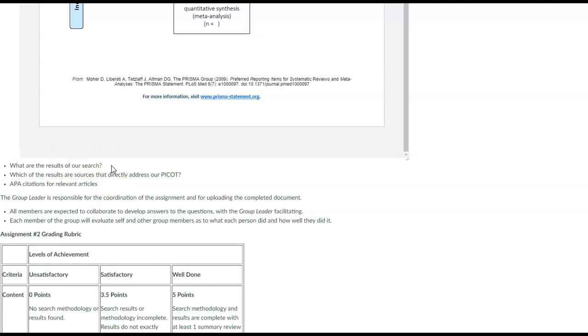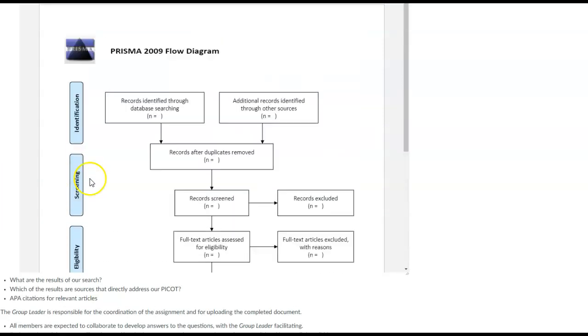And then I want to be able to go to the back of your paper in the appendix and look at the summary in your evidence table. Which of the results are sources that directly relate to our PICOT? You may have some that are exact, and you may have some that are not. So this is rather simplistic, although it can get really tedious depending on your PICOT question. So make sure that you have your PRISMA filled out as an appendix, your evidence table filled out as an appendix table, and then you're just going to give me this information, these questions right here.